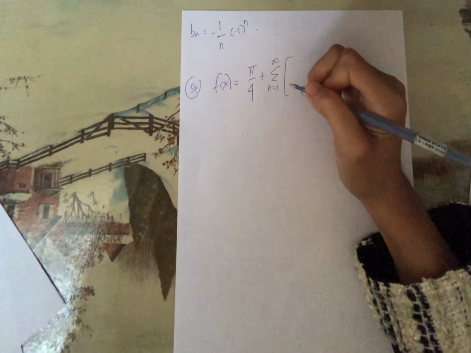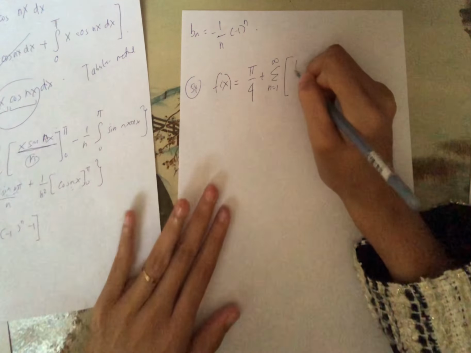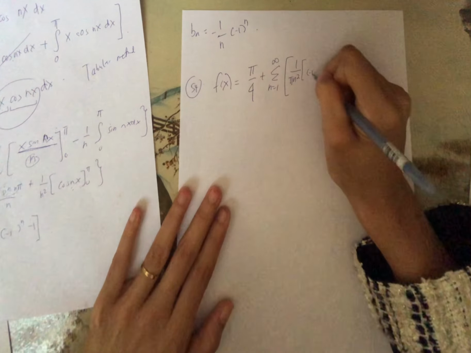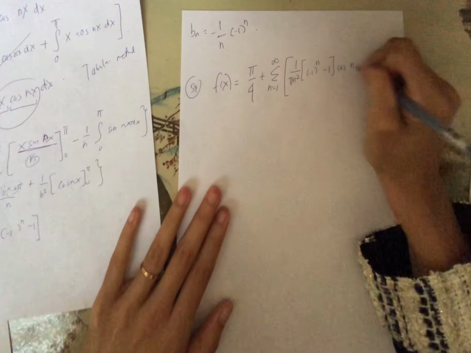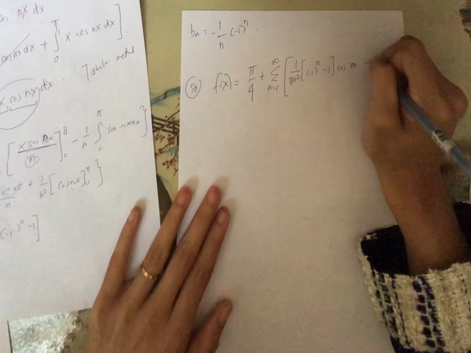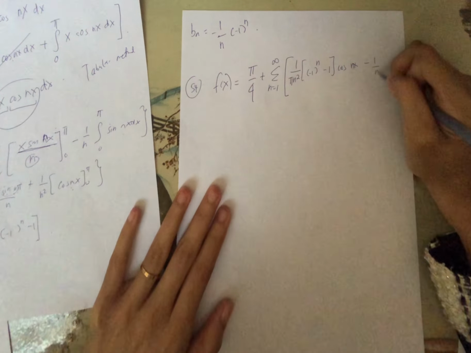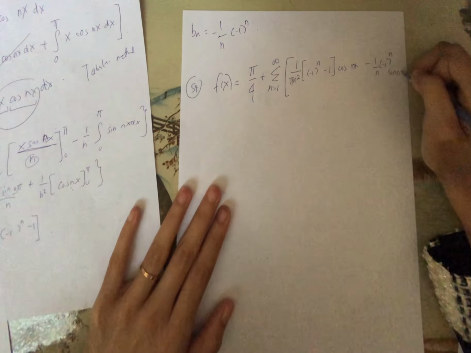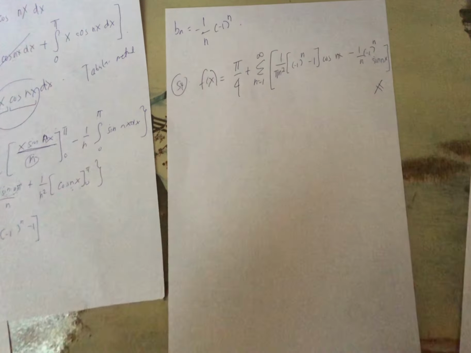Inside there we have a_n. Your a_n just now is 1 over pi n square, negative 1 power n minus 1, times cos n x, plus your b_n, which here is negative 1 over n, negative 1 power of n, and then sine n x. Close the bracket. So this is the final answer.